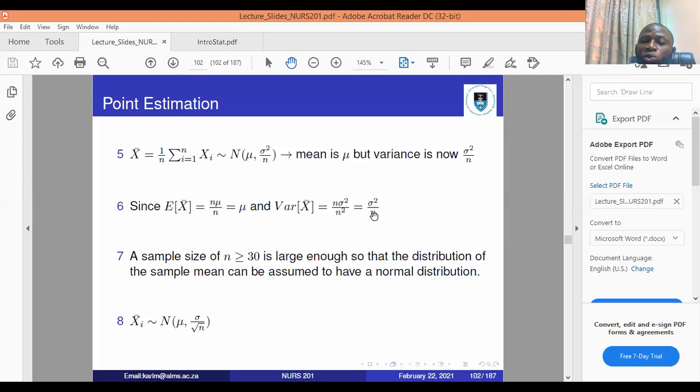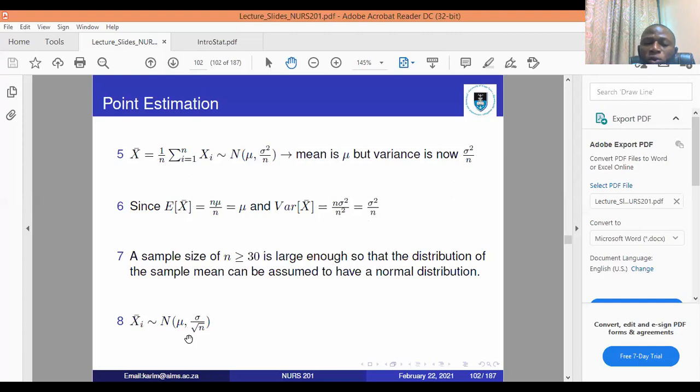So this time around, the mean of the random variable is going to be the mean, but the variance is no longer just sigma squared, but it is sigma squared over n. Another way you can write this is to take the square root of it. So when you take the square root on the whole of this, the square root of the variance will cancel the square, leaving only the root on the n.